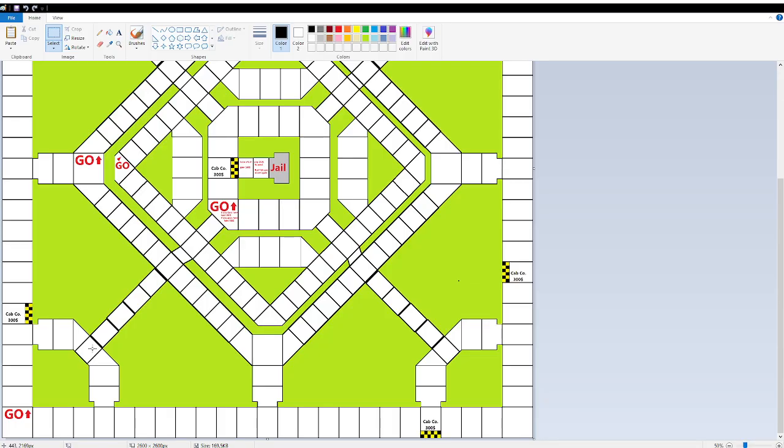Yeah, awkward's the best word I can think of for that. Anyways, each of these arcs here will have 2 non-property spaces. Only 2. That's a thing.